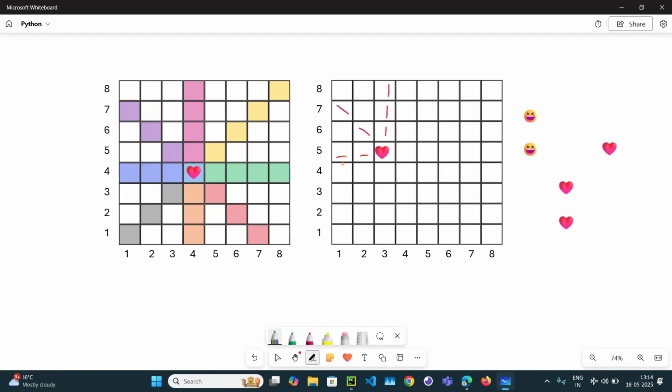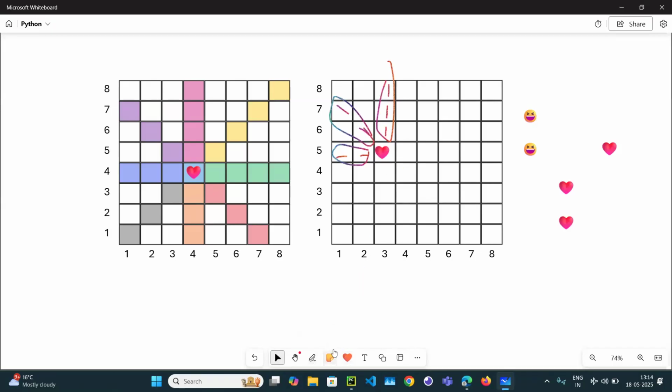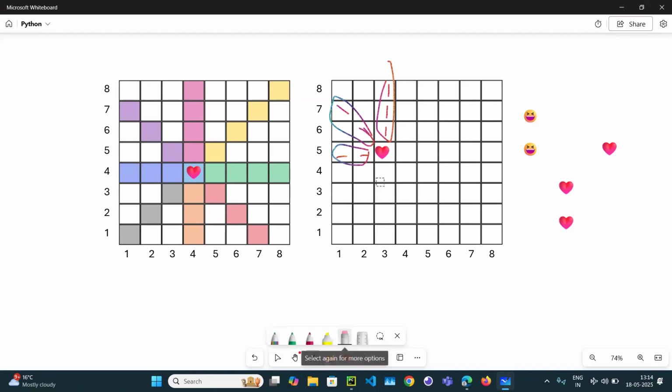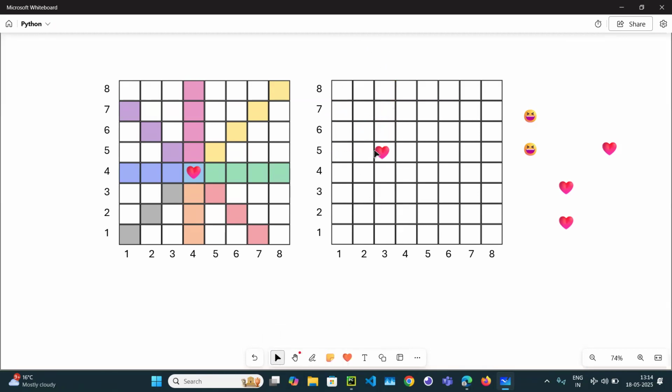But here it looks like the minimum of left and top. So 2 and 3, what is the minimum? 2, and queen can go 2. But let's try another. So currently we found one formula, minimum of these two.